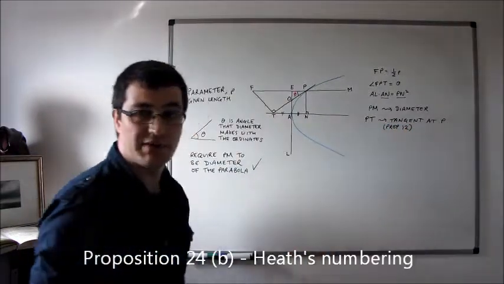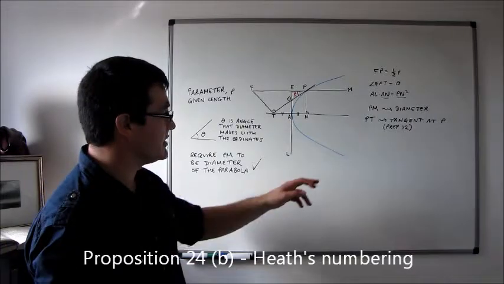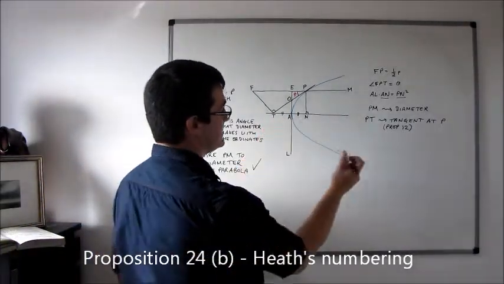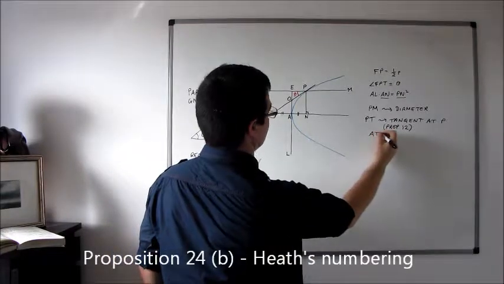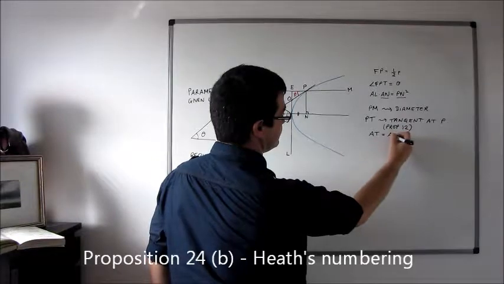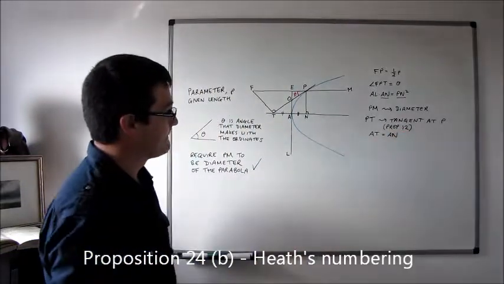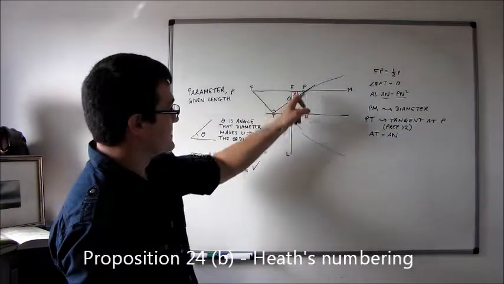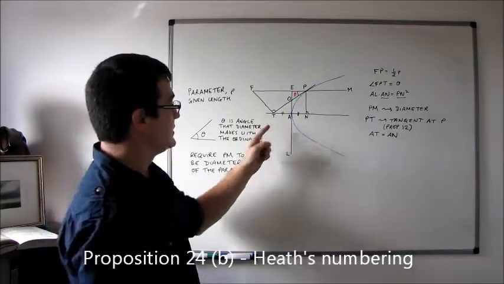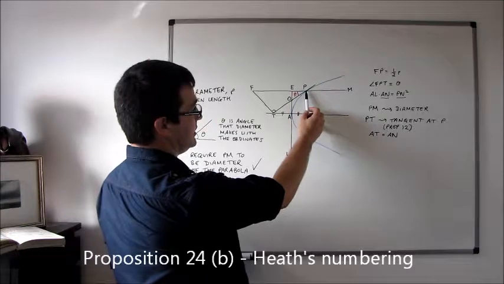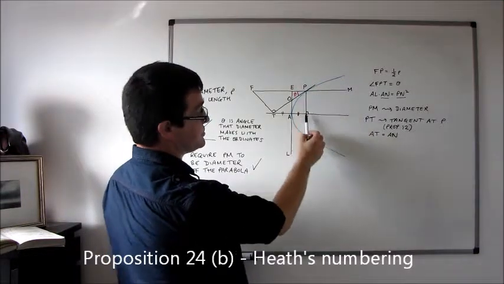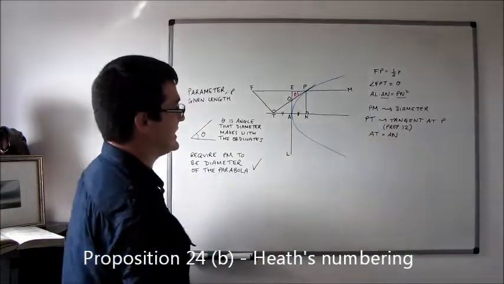I mentioned proposition 12 in one of my earlier videos, because the distance AT is equal to AN, and this is the ordinate of the point P, the line drawn ordinate-wise to this axis.